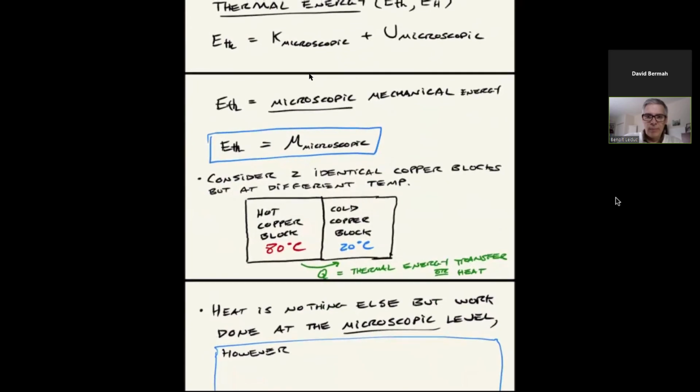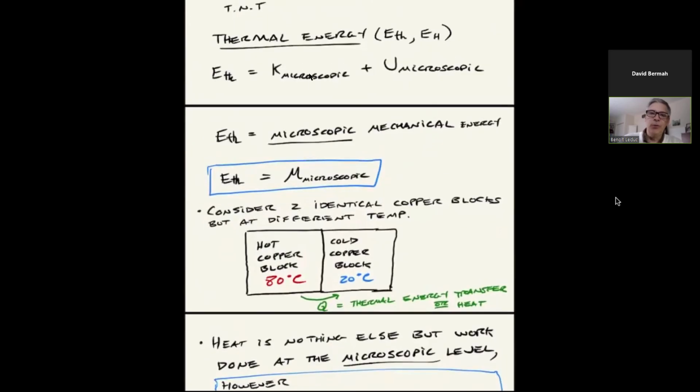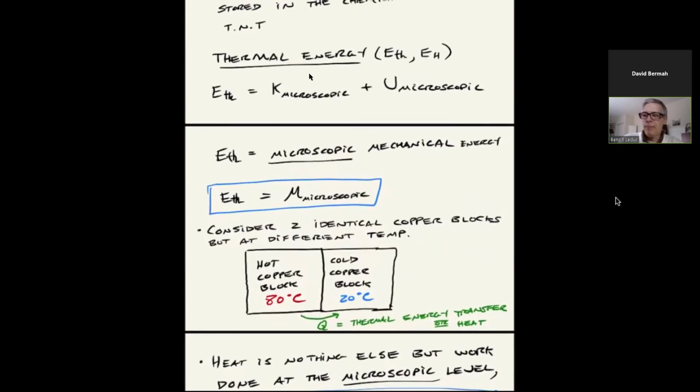It's TH for thermal. Yeah, thermal energy.